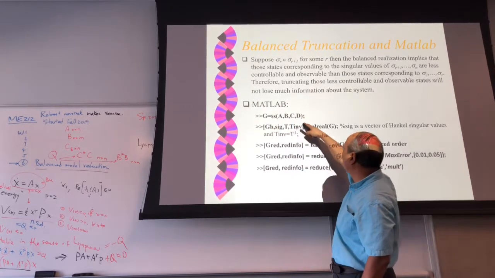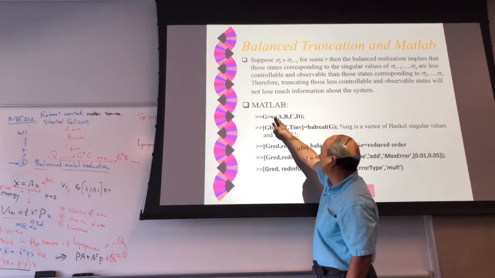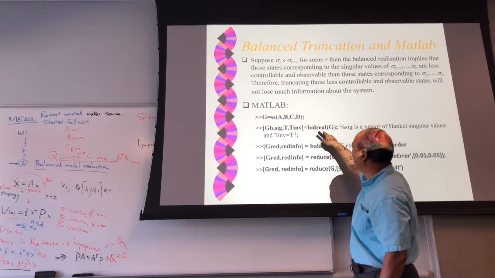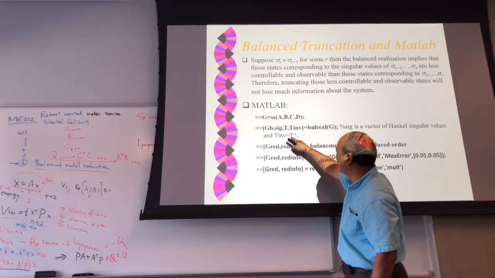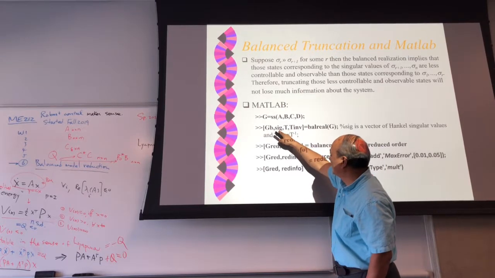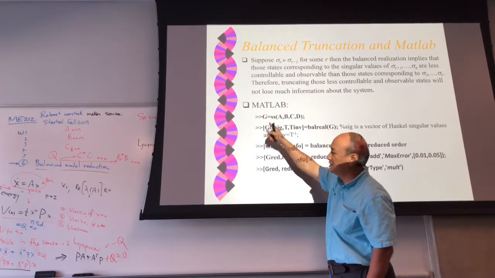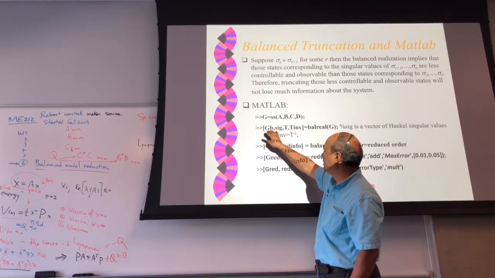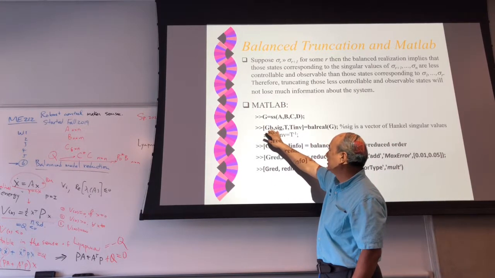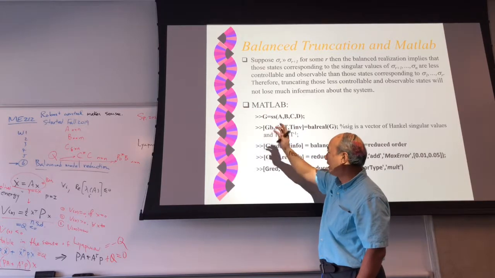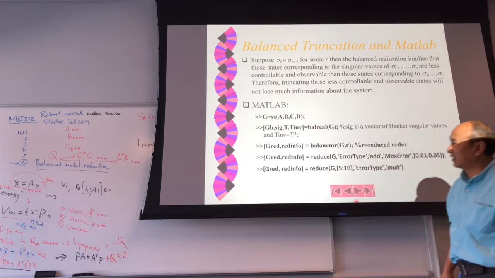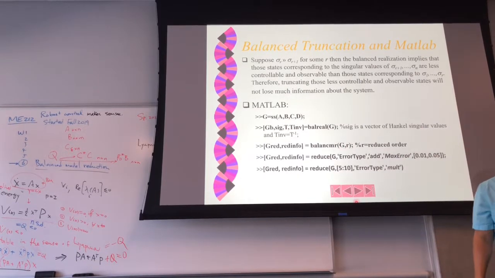So you give the LTI object, this is state space realization, give A, B, C, D. You put in here, balanced realization will come out with T, come out with sigma matrix, and this GB is another LTI object that is balanced. So this is balanced realization, okay?